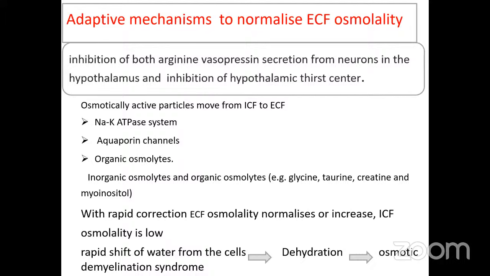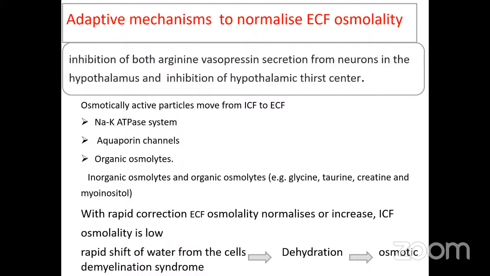Aquaporin channels are removed, so ADH is not able to act. More water is excreted as urine. So this will try to bring back the osmolality to normal. So we should understand there is a physiological adaptation happening to the osmolality by the brain and by the ECF.